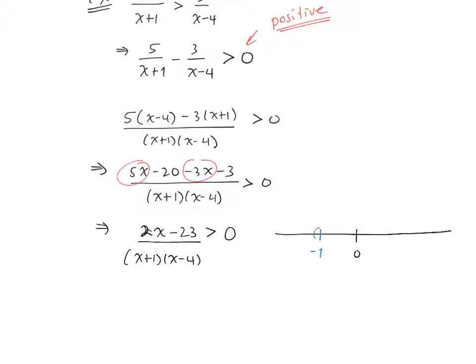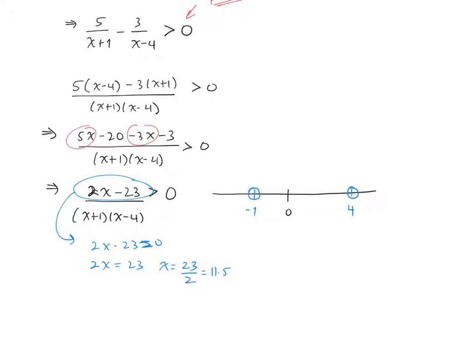So -1 cannot be part of the solution, so you put a hole in there, and you do the same thing with 4. Now from the top, we have 2x minus 23 is greater than 0. You should solve this equal to 0: 2x equals 23, or x equals 23 over 2, which is 11.5. So you need to add that one to the list.